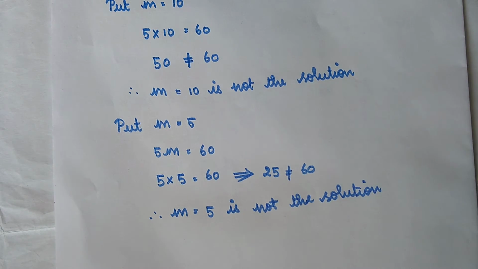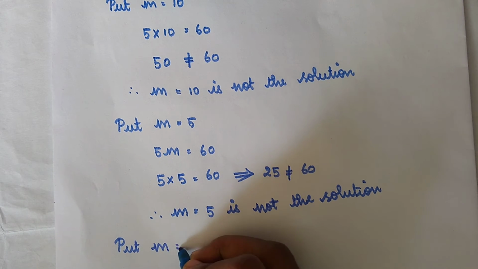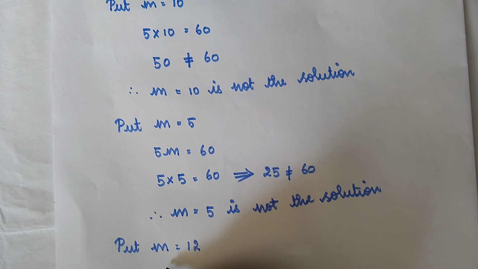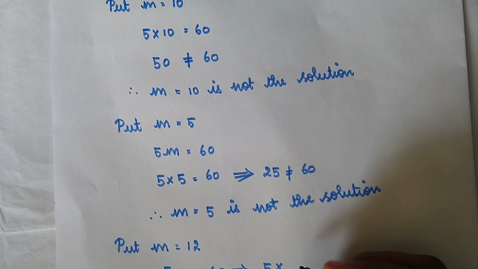Next, let me take the third number, 12. So put m equal to 12. So 5m equal to 60. We have to substitute the value. What is the value of m? 12.